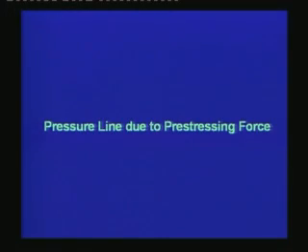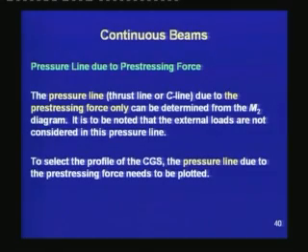Next, we are studying how to develop the pressure line due to the prestressing force. The pressure line, which is also known as the thrust line or C line, due to the prestressing force only, can be determined from the M2 diagram. It is to be noted that the external loads are not considered in this pressure line.